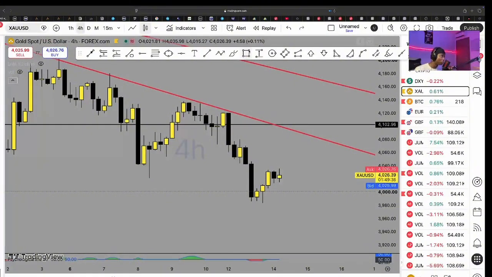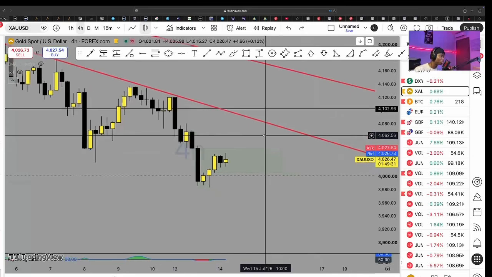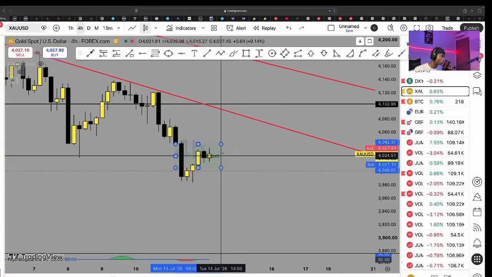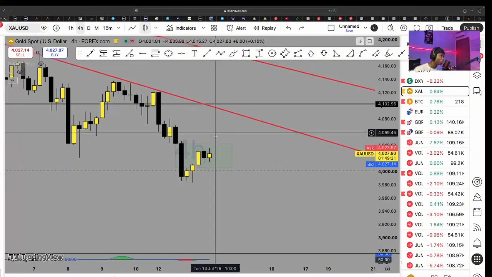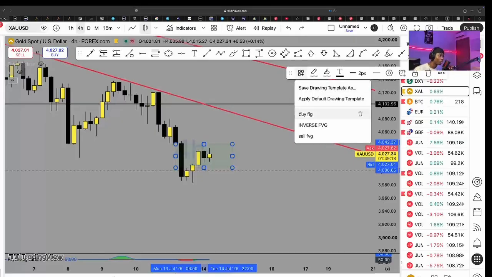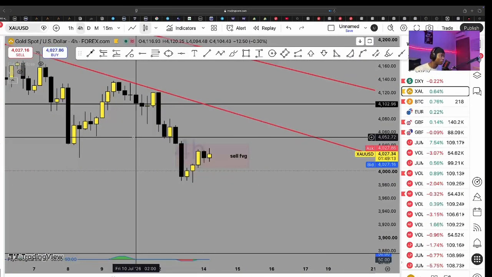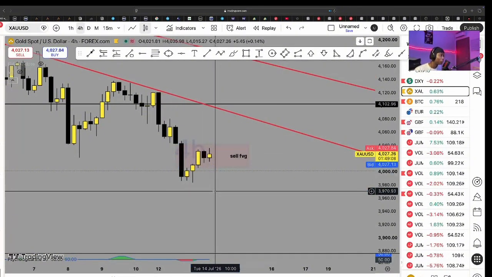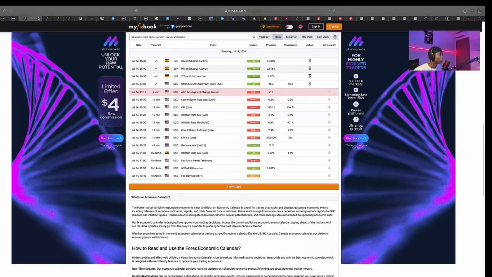Now, as you can see, we have an imbalance at this point, which you're gonna pay close attention to. Let me just label that real quick. That's the first sign I'm seeing on the 4 hour. Let's see, 19 minutes to go.